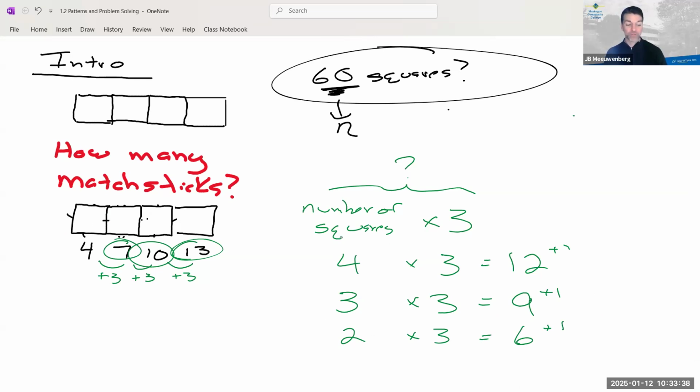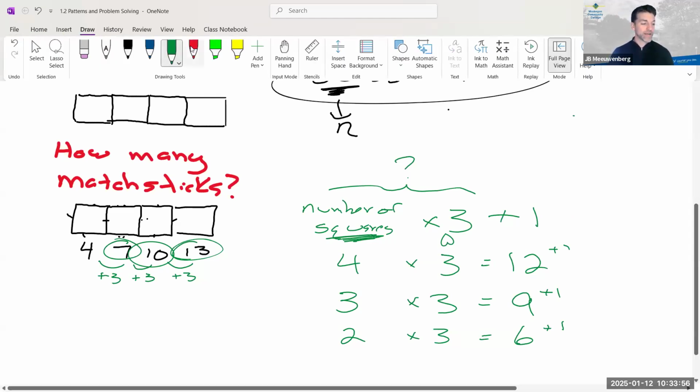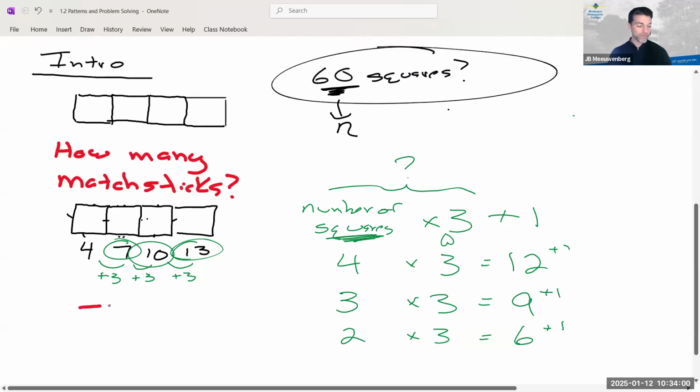If we take the number of squares that we need, multiply it by 3, and then add 1, is that it? Does that give us the total number of matchsticks? I think it does. And you can sort of see that, right? Even if you draw this out differently. So the way you might draw it out is think, all right, for the first square, I've got 3.